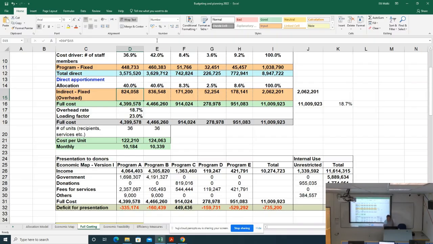So in order to calculate how much of the general and management should be allocated to program A, I need to take the overhead expenses and take 40% of them. Because this budget is 40% of the total, 40% of the overhead will be allocated to program A, and the same for B, C, and D. Again, my checkpoint is that the total of all the allocated amounts exactly equals the overhead.